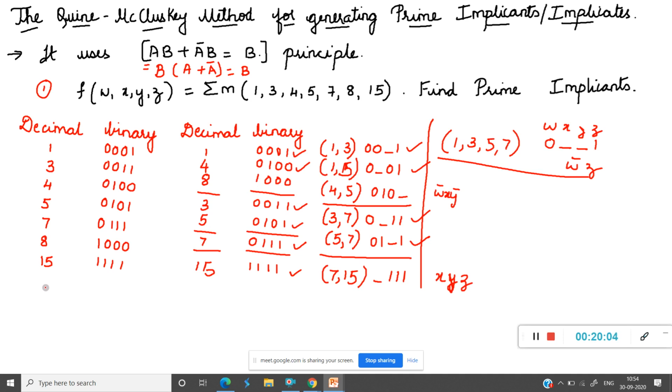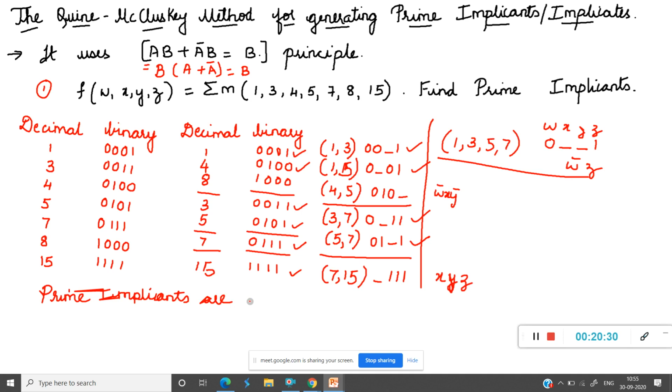Okay, so the final list of prime implicants, you have to list it. Okay, see what are the prime implicants now present here? I will list it now, students.